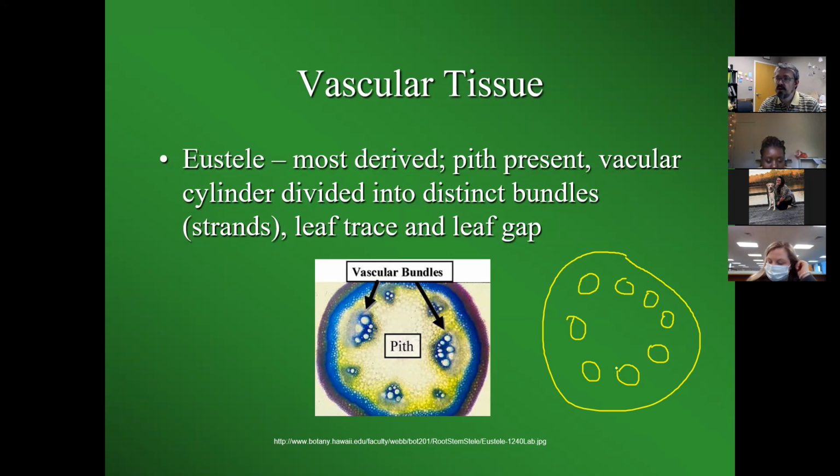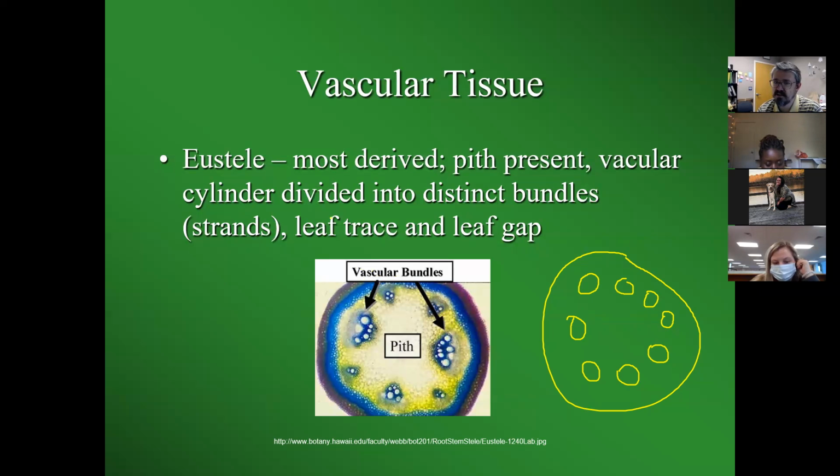Okay, so the first one to develop is your protostele, and then you still get that solid cylinder of steles and the siphonostele. And by the way, think of siphonostele, siphon, siphonostele, siphon. I think of it as a straw, and a straw is a cylinder. But then over here in the eustele, it's a bunch of separate, distinct bundles of vascular tissue.